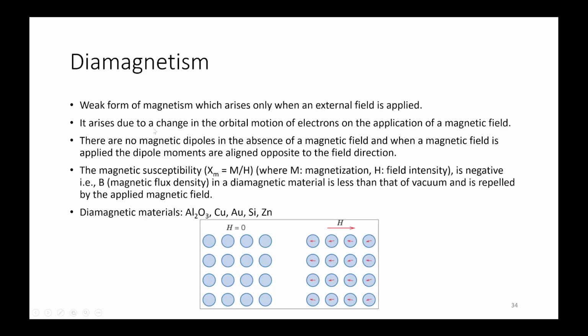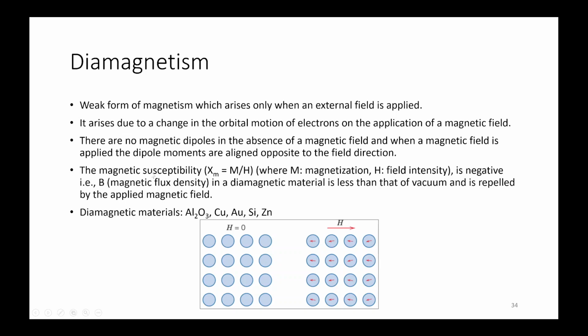It arises due to a change in the orbital motion of electrons on application of a magnetic field, and there are no magnetic dipoles in the absence of a magnetic field, which is shown here. When the magnetic field is 0, there are no magnetic moments, and when we apply a magnetic field in this direction, these moments are aligned in the opposite direction to the field.